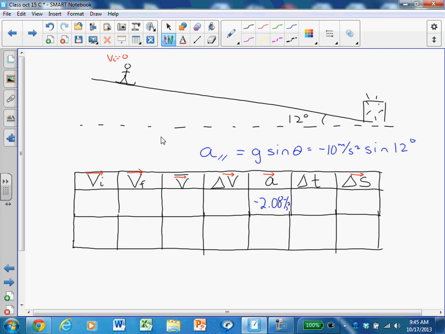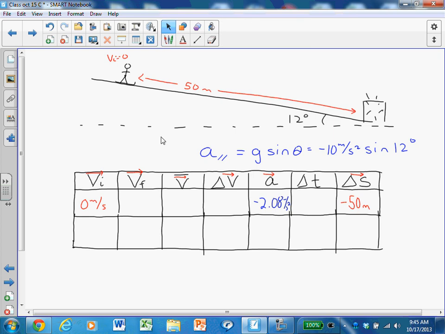But we know this is 0 meters per second. That 50 meters, though, since it's downhill, is negative 50 meters for our delta s there. And were we given anything else yet that we need? Once they hit the hay barrel, we know this is 0.09 seconds. We'll fill that in after.